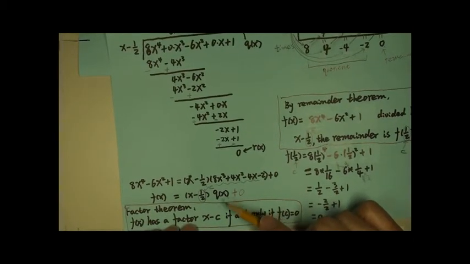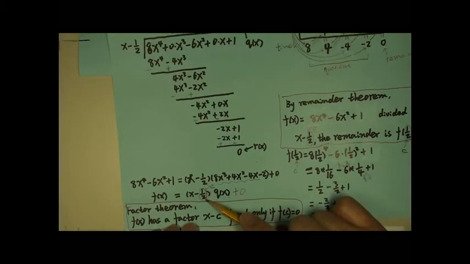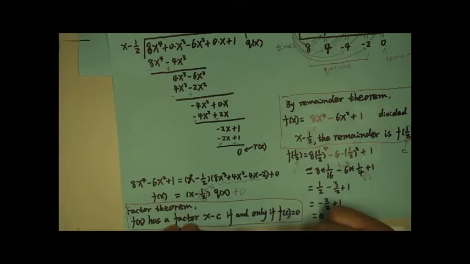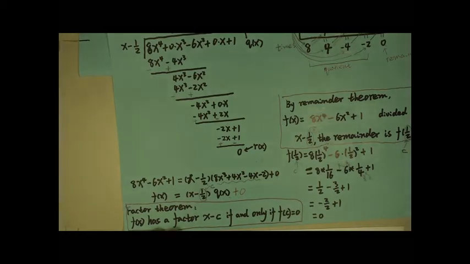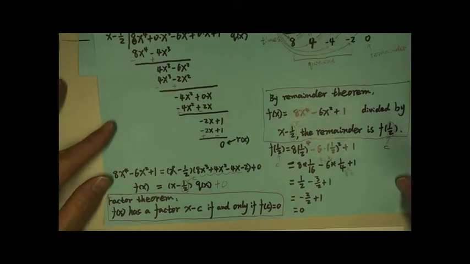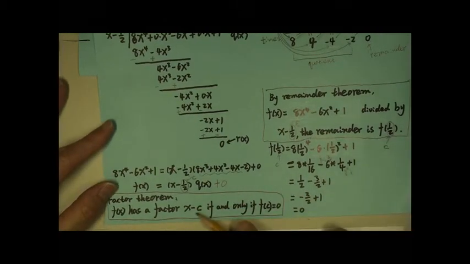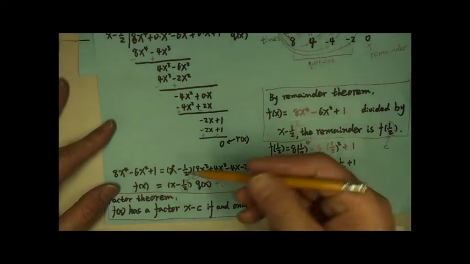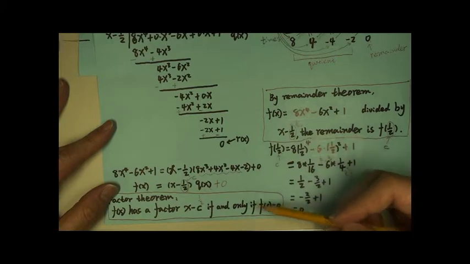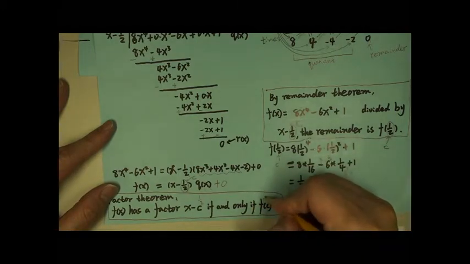But anyway, x minus 1/2 is one of the factors for f of x in this case. So the factor theorem says what? f of x has a factor, in our case here x minus 1/2, if f of 1/2 is 0.